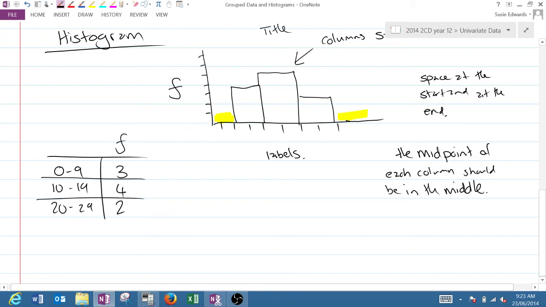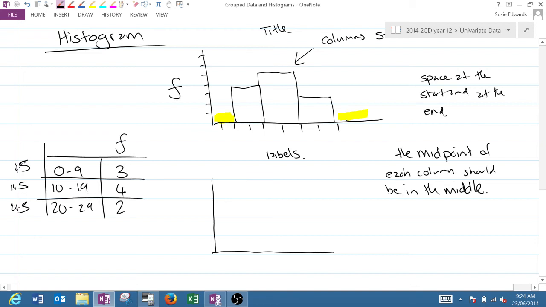It means that we need to know these midpoints, so 4.5, 14.5 and 24.5. You've already written that down, you don't need to rewrite it. So we hopefully have a nice piece of graph paper, but anyway, we'll go without it for now.